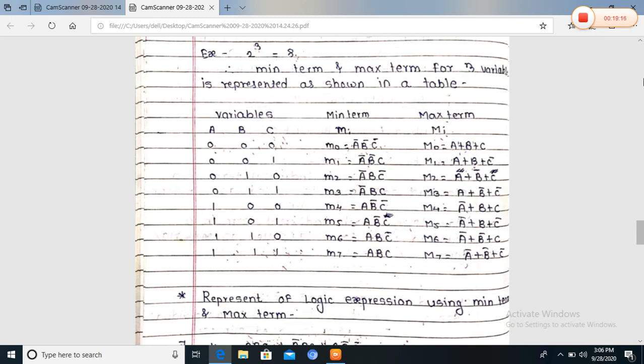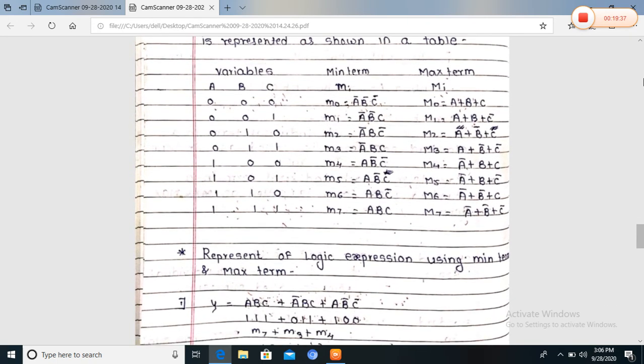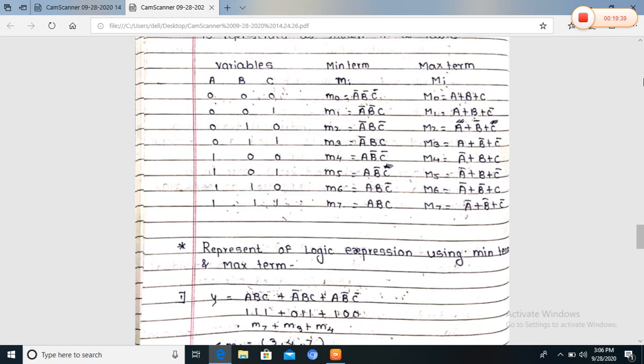And in a maxterm, that is capital M1, the term 001 is represented as a plus b plus c bar, as 1 is represented as a bar in a maxterm, and 0 is represented as a bar in SOP form. These are the minterm and maxterm table for 0 to 7 that we represent for the 3 variables.